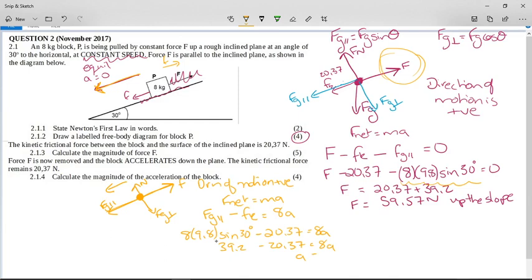If you do the algebra, subtract these two and divide by 8, you should end up with 2,35 meters per second squared down the slope. Because it only said magnitude, you don't have to write down the slope. Magnitude just wants the number. So it's 2,35 meters per second squared down the slope.